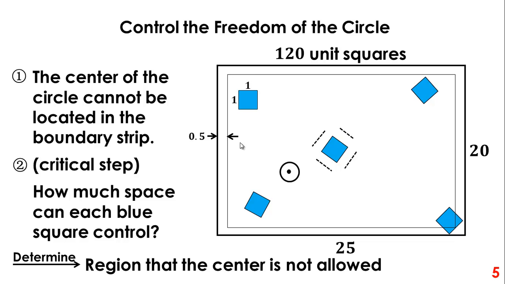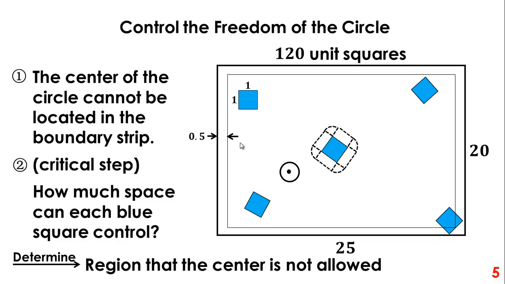But there are 4 corners. We need to look at the distance. So here we need to draw 4 rounded corners. At each corner, you will see we keep the center of the circle out of the 1/2 of unit distance away from the blue square.